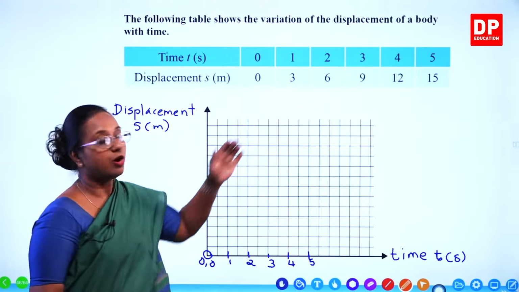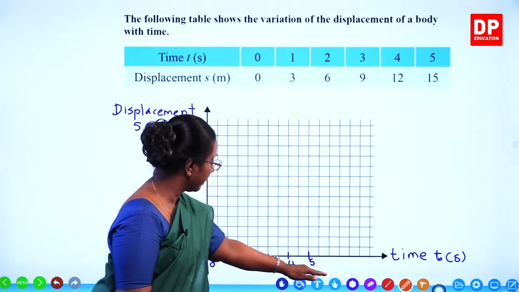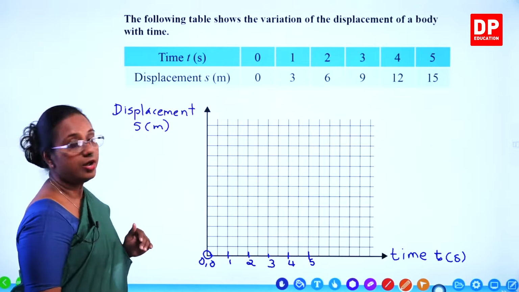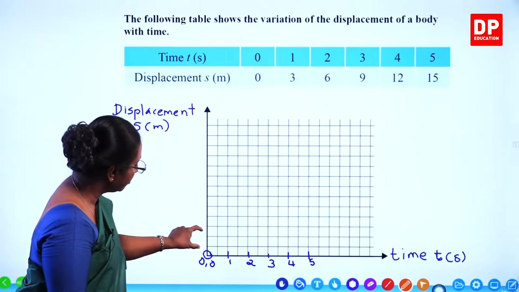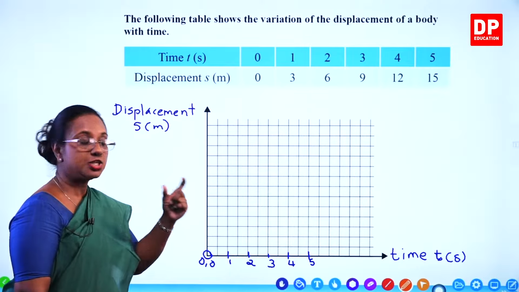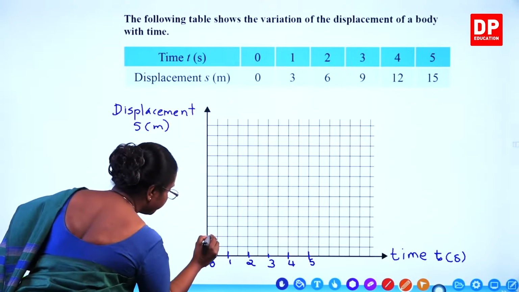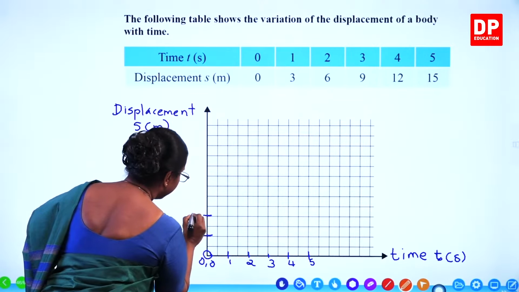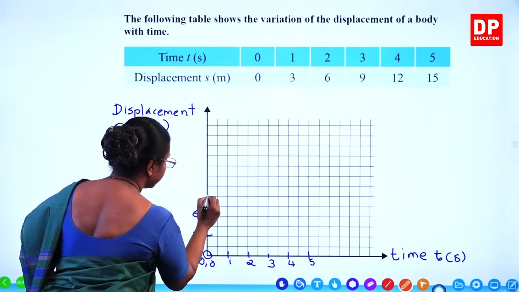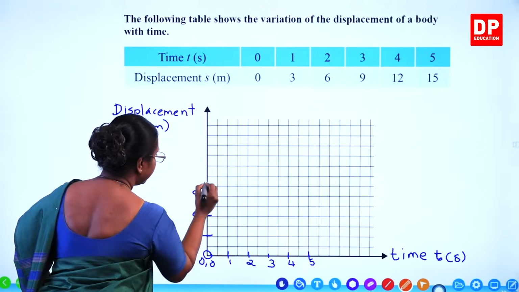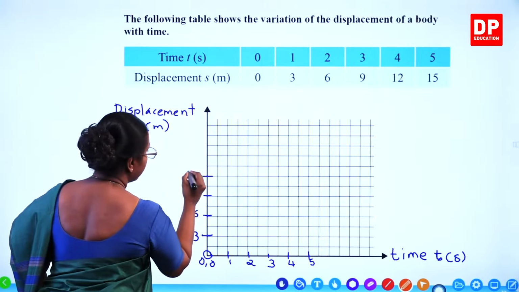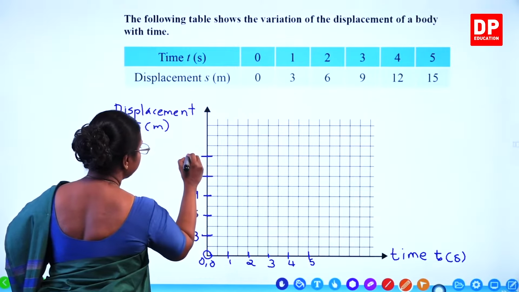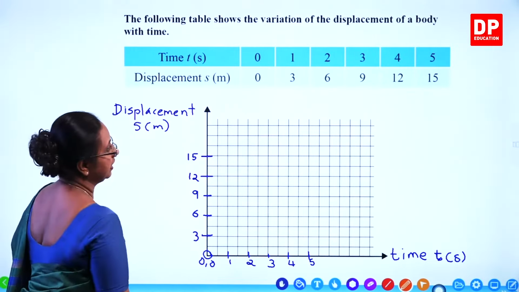So here the object moves for 5 seconds. Then we mark the value for displacement. We can use 2 squares for each displacement value. We mark the value 3, then we have the value 6, the value 9, 12, and the displacement goes up to 15.